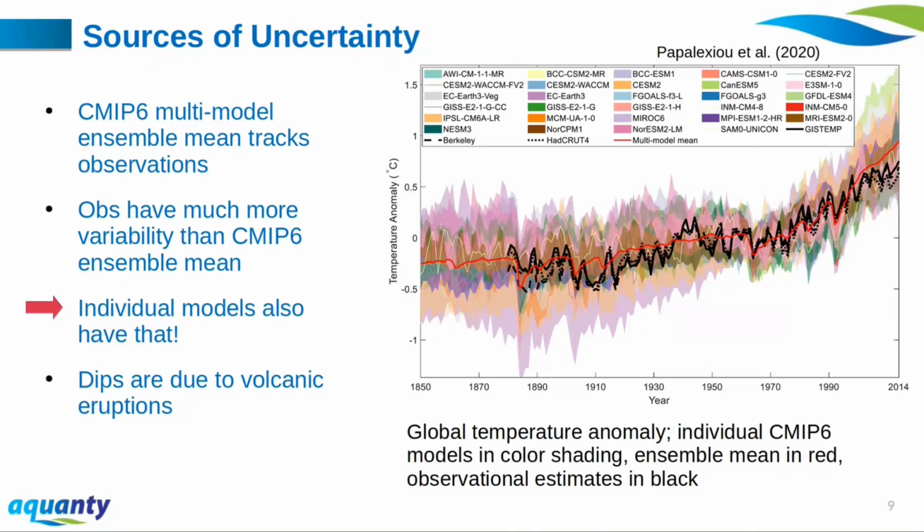And there's a reason for this, and this is natural variability. I'll talk a lot more about that. Individual models have that variability too, but in the multi-model ensemble mean, it's averaged out, right? All the color shading, these are the ranges of different models, right? So the calibration period, if you want to call it that way, sort of in the 20th century, it's fairly tight there.